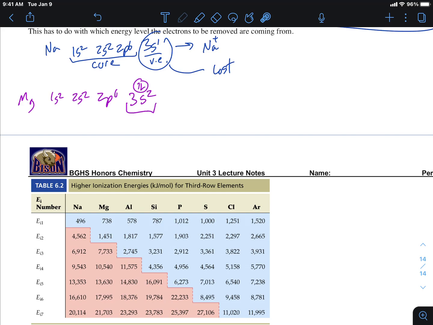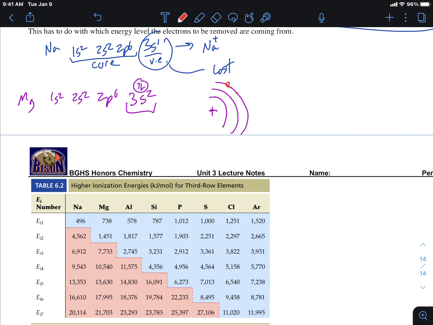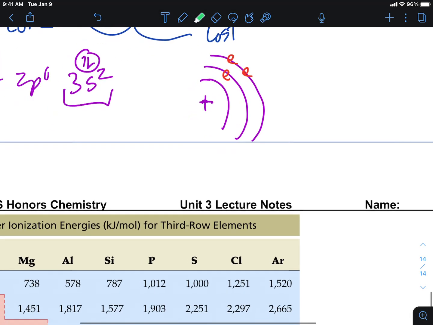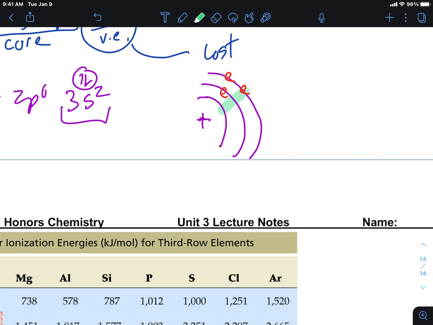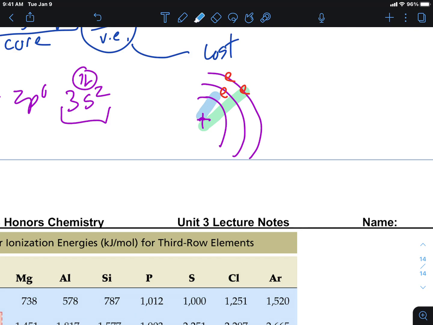All right, maybe drawing a picture will help. So here's the nucleus. Here's energy level 1. Here's energy level 2. Here's energy level 3. Look at the distance between the nucleus and the electrons.